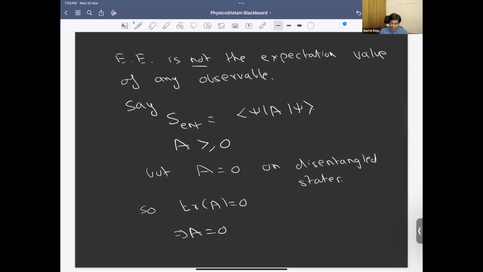Rather, it's a function of correlation functions. You can think of S ent as a function of correlation functions. So, if you give me other observables, I can put them together and determine the entanglement entropy. But the entanglement entropy is a very fine-grained object, and it's not just any function of correlation functions. I want to add a qualifier here.